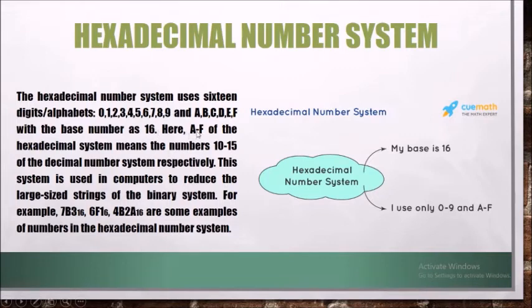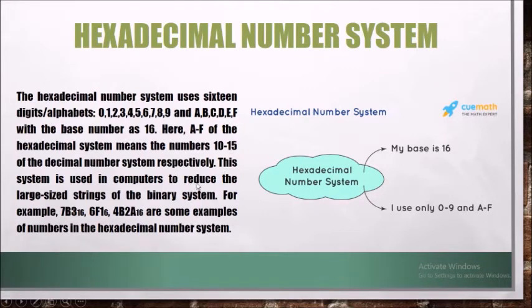So here, A to F of the hexadecimal system means the numbers 10 to 15 of the decimal number system respectively. The equivalent of A is 10, B is 11, C is 12, D is 13, E is 14, and F is 15.